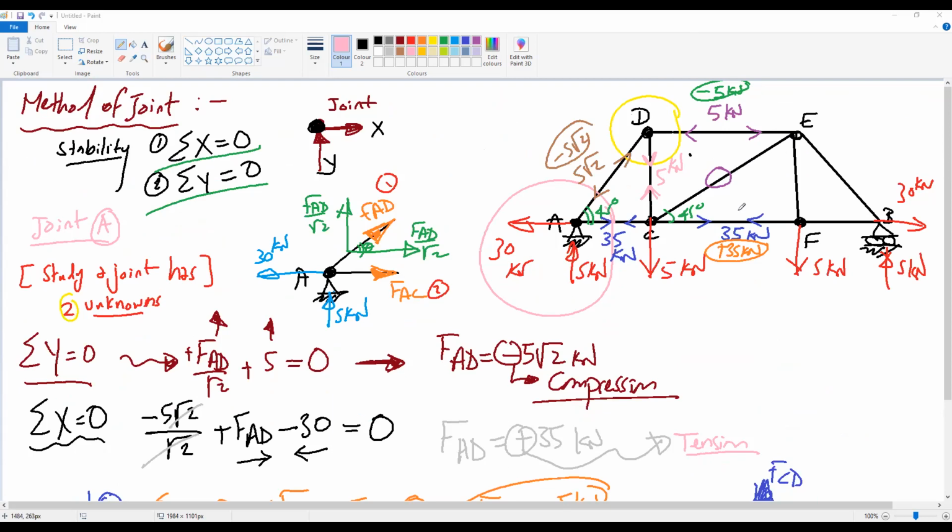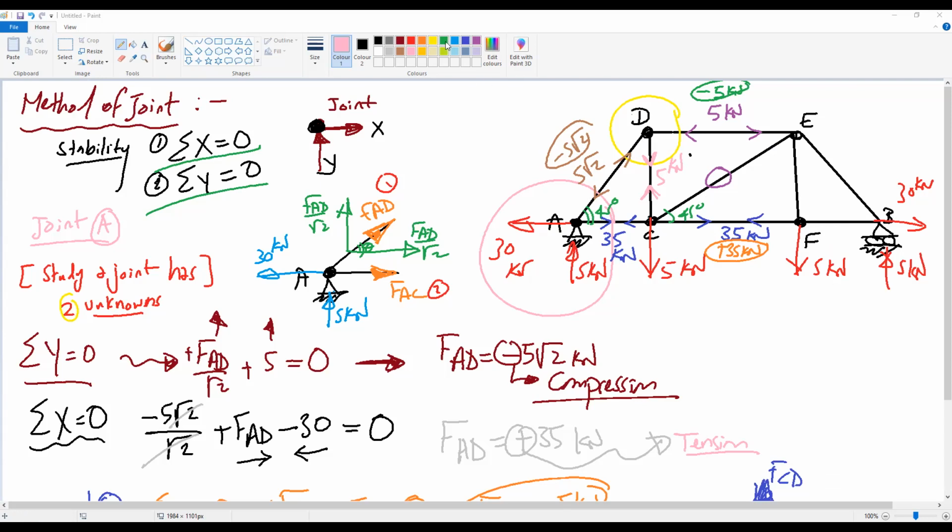It is symmetric truss. So the forces to the left should be equal to the forces to the right. So member EB should be similar to member AD. So if member AD is 5 root 2 compression, this means that member EB will be same. Member EF is similar to member CD, will be positive 5 kilonewton. And member FB will be similar to member AC, will be 35 kilonewton.